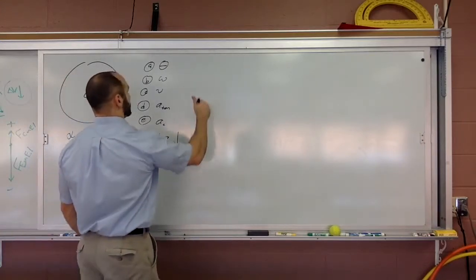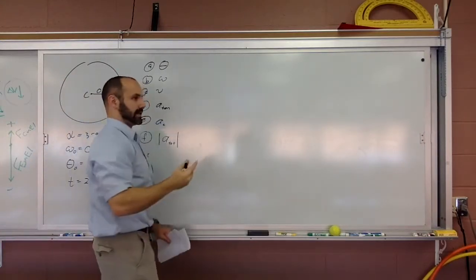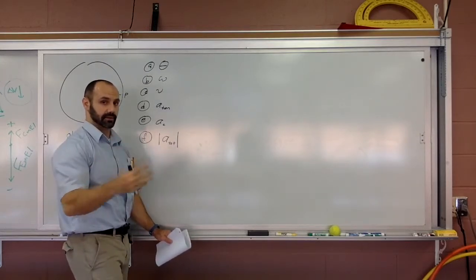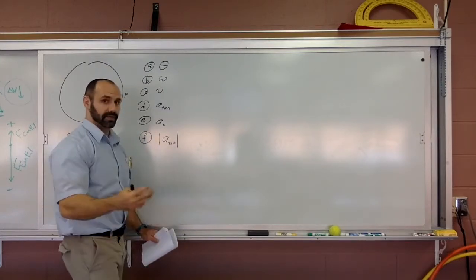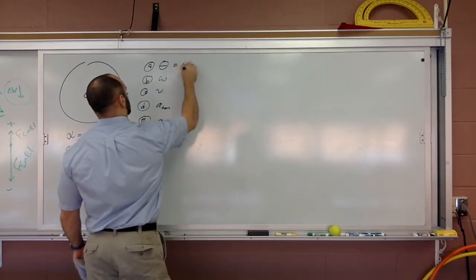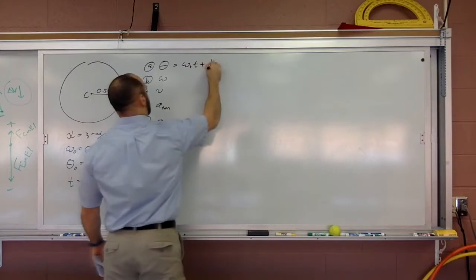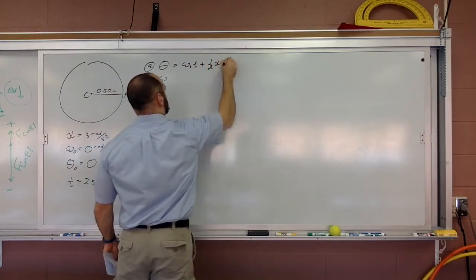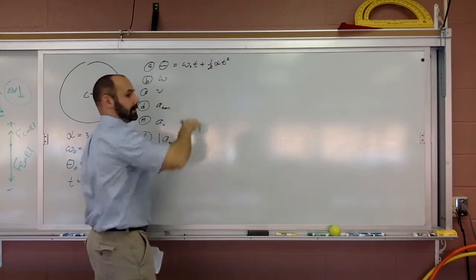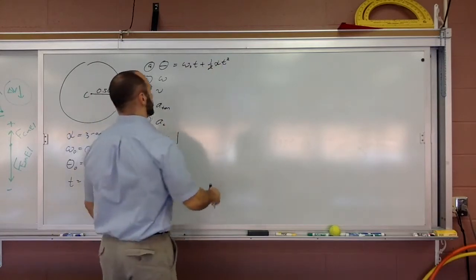So for that, we would use delta x equals v_i t plus 1/2 a t squared. Constant acceleration, so we can think of this in terms of the same equations, except with omega and alpha, because it's Greek now. So theta equals omega naught t plus 1/2 alpha t squared. I just replace v with omega, v naught with omega naught, and a with alpha, and I get this.